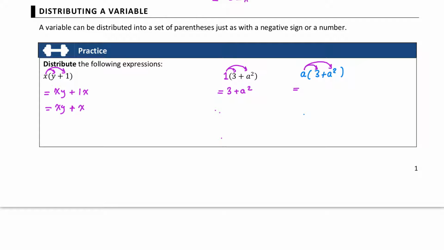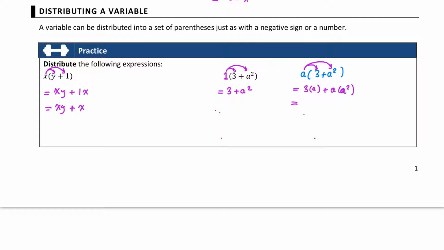So then we will get 3 times a, or a times 3. Similar, when you're multiplying, it doesn't matter which one goes first and which one goes second. And for good form, you always try to have the number first, so that's why I have the 3 first, plus a times a squared.